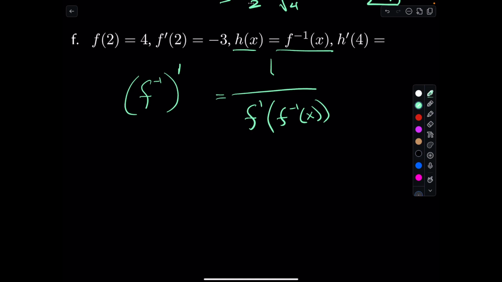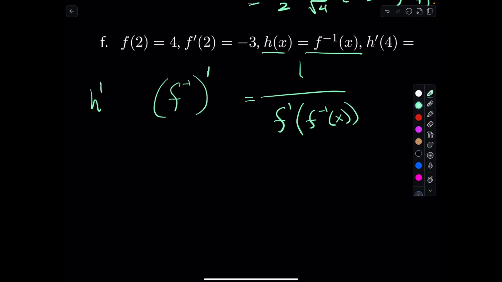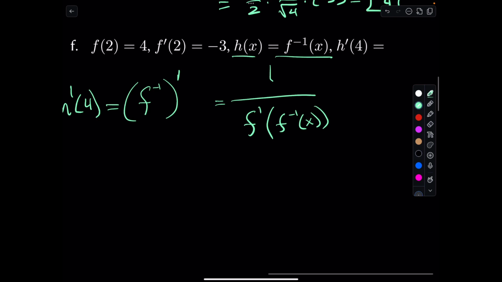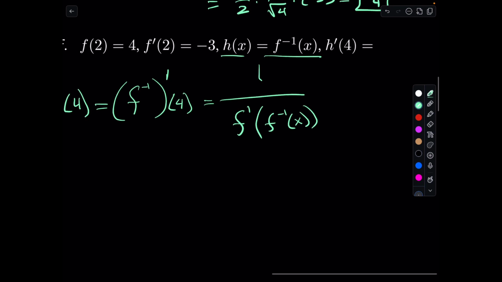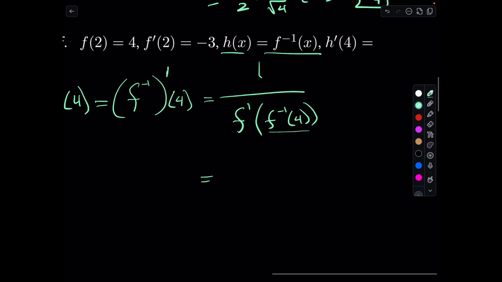So I want h prime of 4, and h is the inverse of f, so I'll be evaluating the derivative of f at 4, which means I will be doing this, but putting a 4 in here. Now for the hard part, well, it's not that hard. I need to know the inverse function at 4.